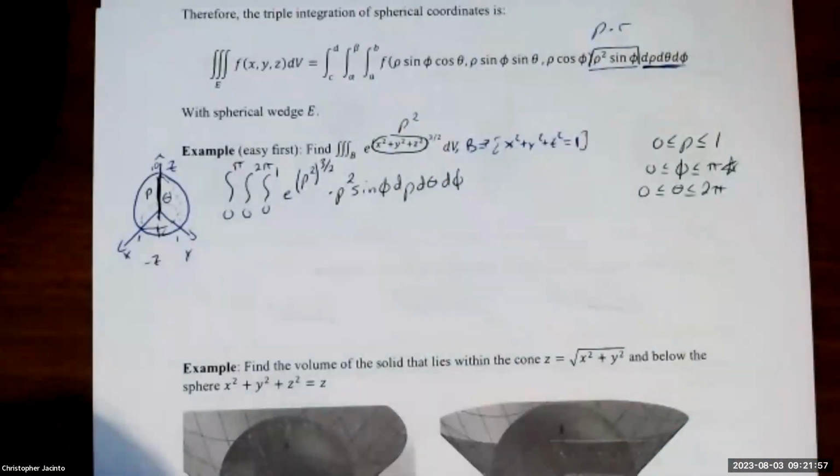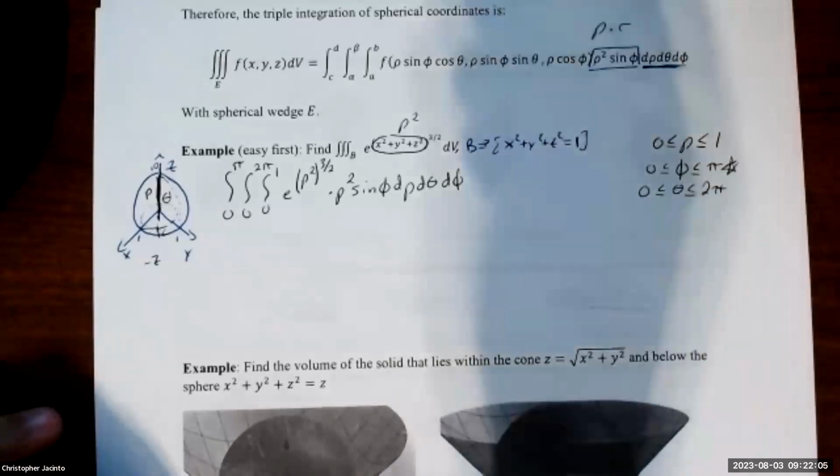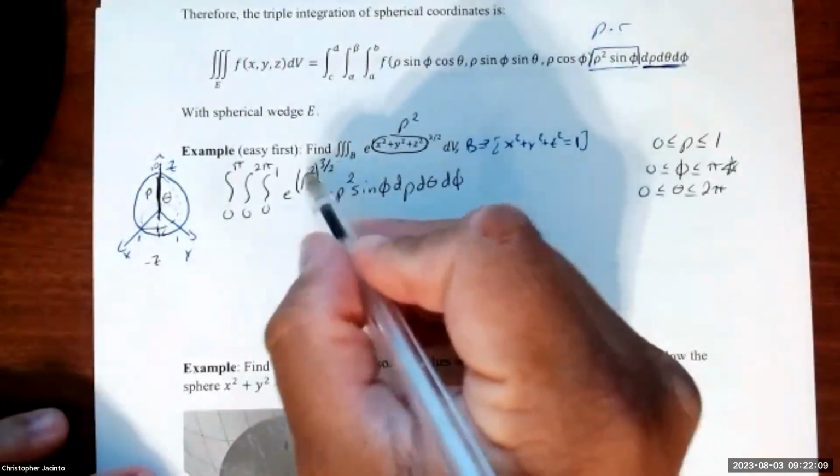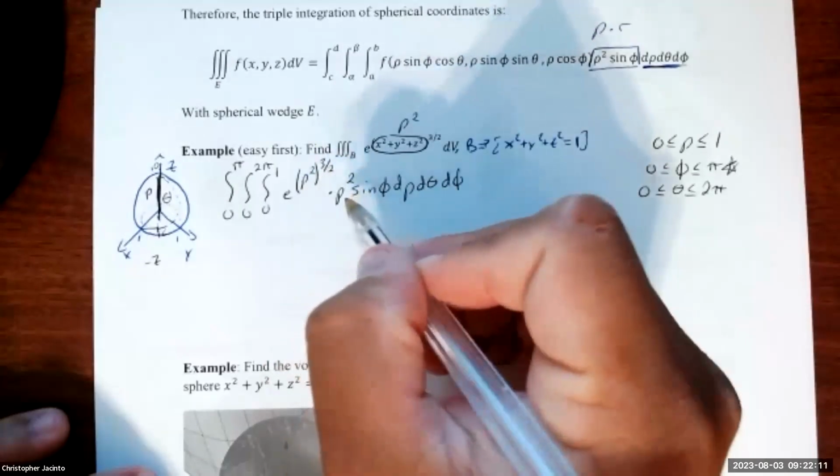So if I clean this up a little bit, this ends up being just phi to the third, right?